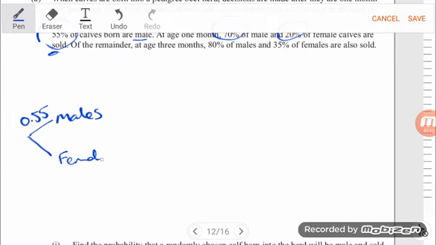Females, 0.45. The first event is shown by these branches, and they're born either male or female. That's the assumption. And when drawing the probability trees, remember that the branches that come out from the same point have to equal 1.